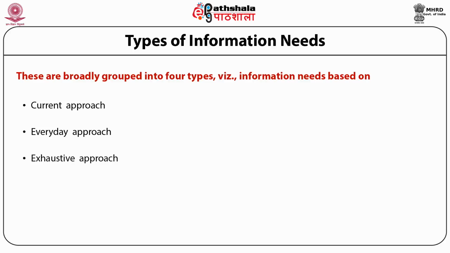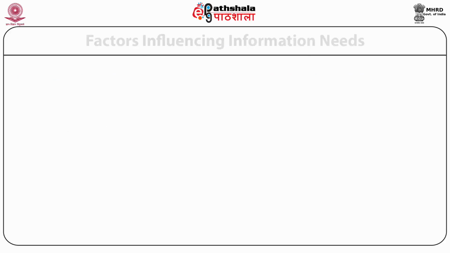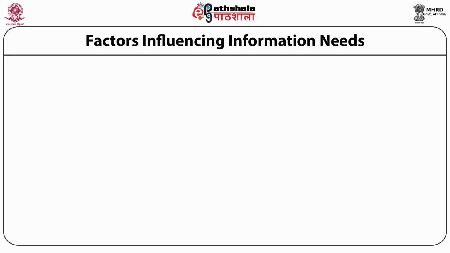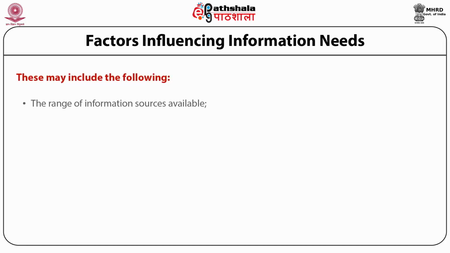Exhaustive approach, when they want to have complete information as far as possible. And catching up approach, when they want to brush up their knowledge, their information on or about a topic. The factors which influence the information needs include the range of information sources available in a library and information system.